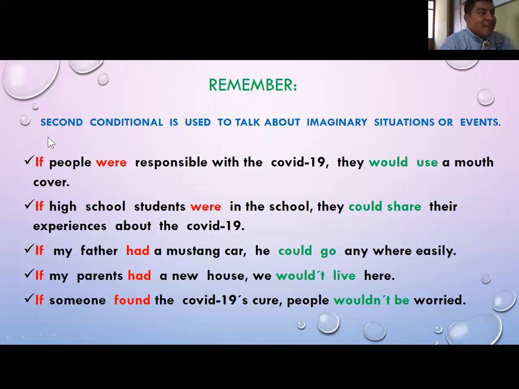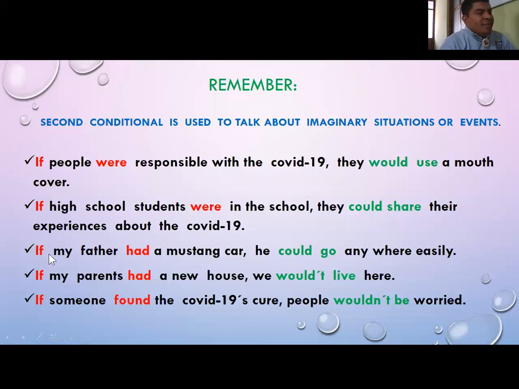Okay, the same thing: I wrote with a red color the condition if, and the verb in simple past in my first clause, of course. And in my second clause, I wrote with a green color the auxiliary could and the verb in its base form, could share their experience about the COVID-19.